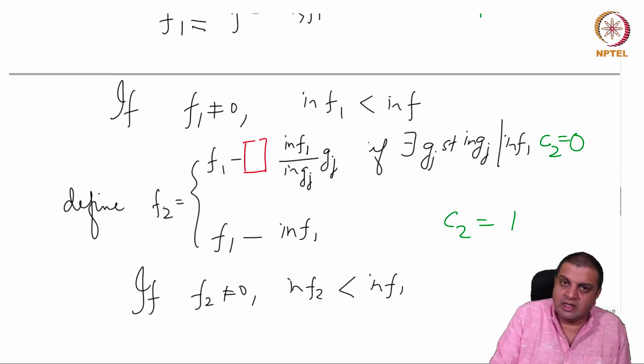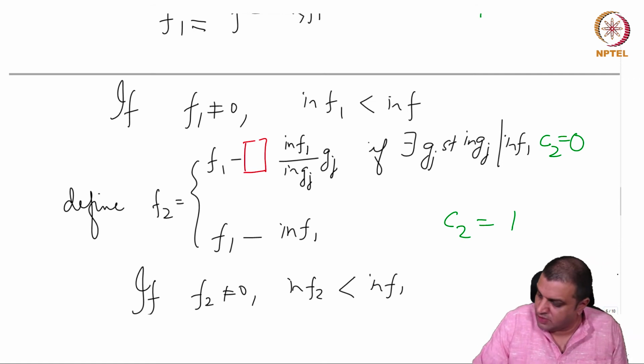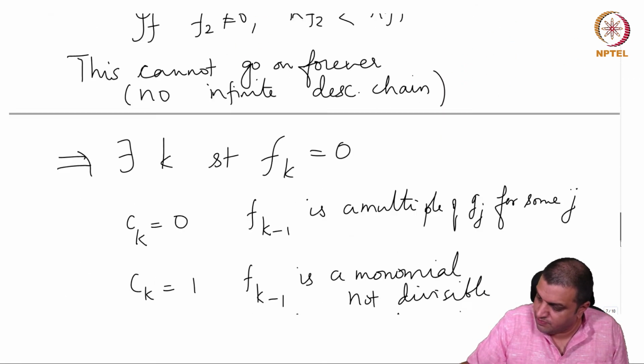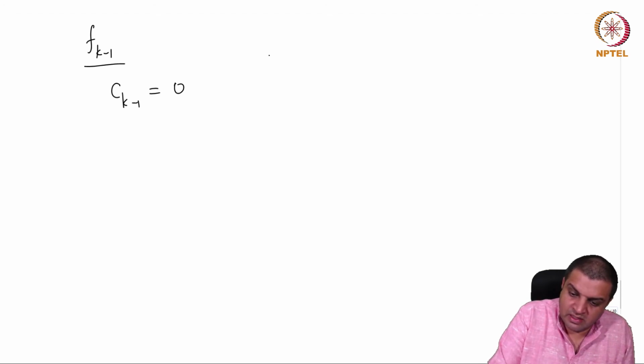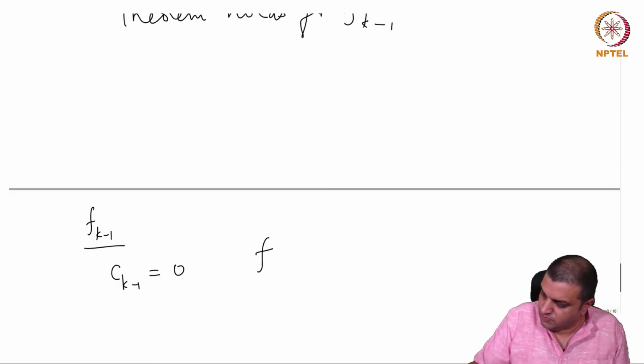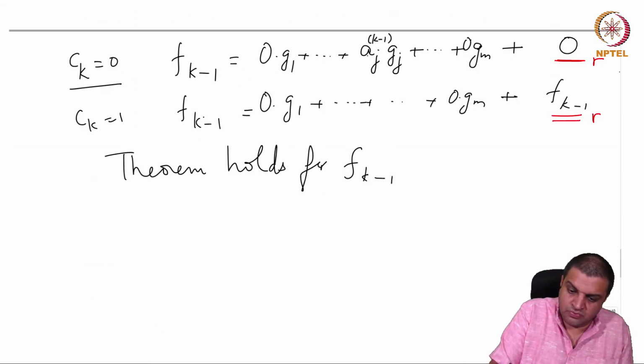We would have constructed it like this. fk minus 1 is fk minus 2 minus some multiple of gj, if ck minus 2 is 0, and so on with this term. So we are trying to find fk minus 2.